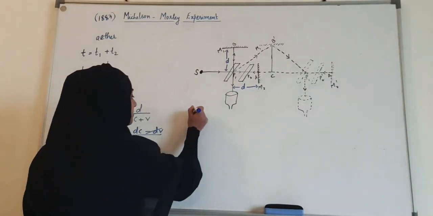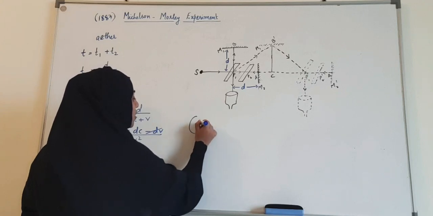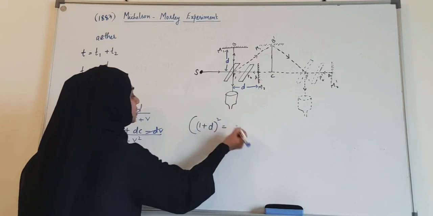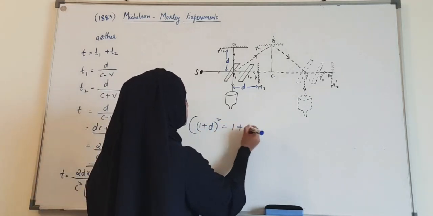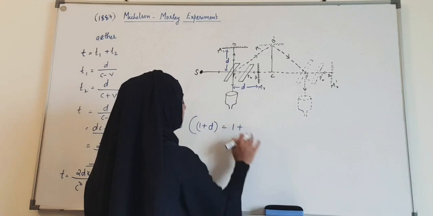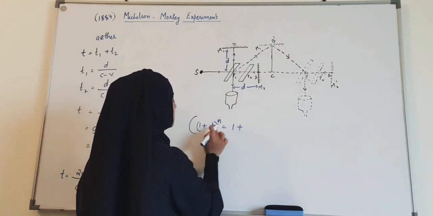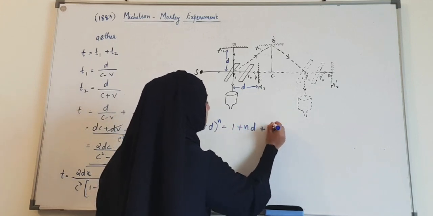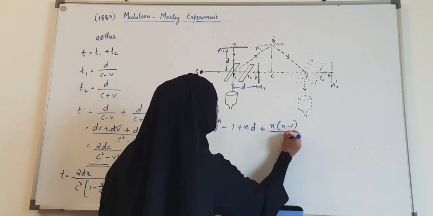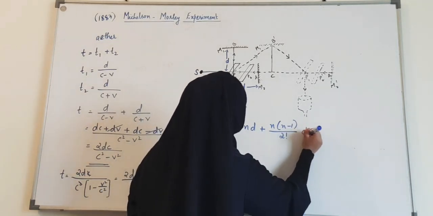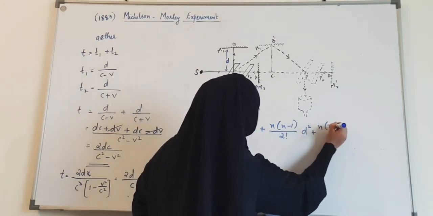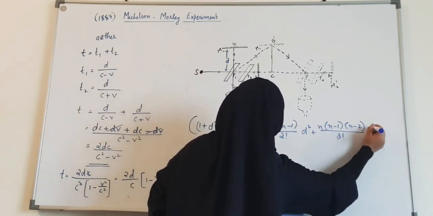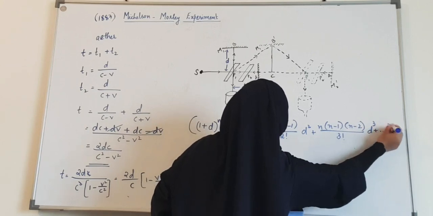We know that by binomial theorem, let me write the common equation, 1 plus d whole raised to n is 1 plus n times d plus n into n minus 1 by 2 factorial d square plus n times n minus 1 times n minus 2 by 3 factorial d cube and so on.